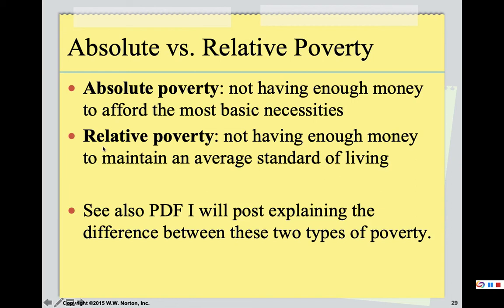Many European Union countries use a relative poverty measure where they take an average household income, and if you are making below 60% of that average, you would be considered to be living in poverty. So relative poverty takes into account the average household income of a specific population. Absolute poverty does not. It is calculated based on different variables.